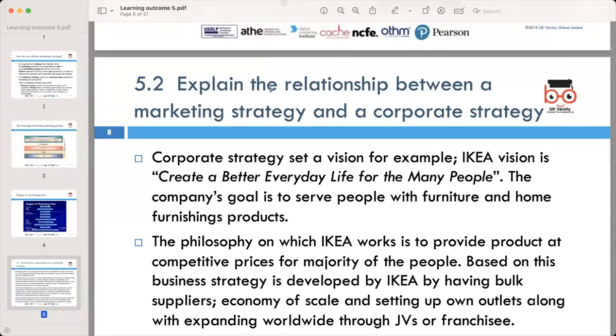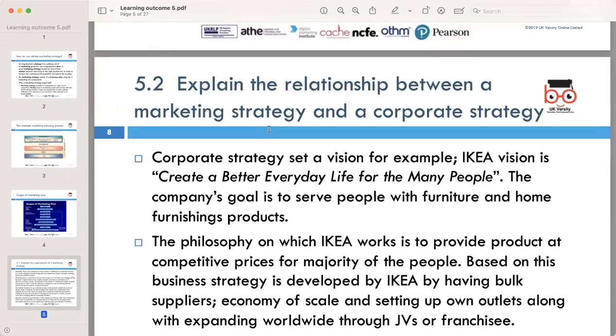Okay, so explain the relationship between a marketing strategy and corporate strategy. Any comments or questions, if somebody can add? Corporate strategy basically establishes a vision, such as IKEA's vision, which is to create a better everyday life for the many people. IKEA's overarching goal is to provide furniture and home furnishing products to serve the majority of people.